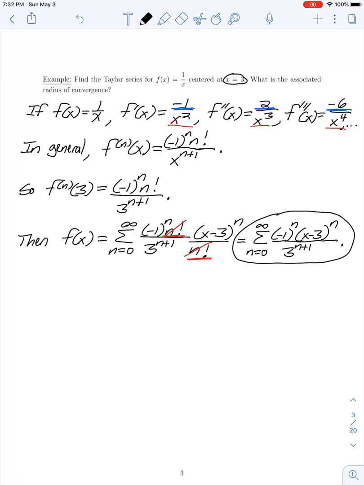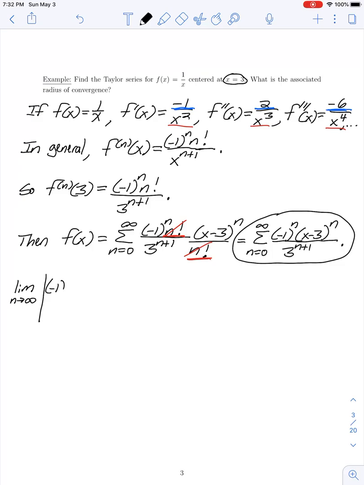So to determine the radius of convergence for a power series, we might again use the ratio test. So we look at the limit as n approaches infinity of the absolute value of the ratio of our n plus 1 term to the nth term.